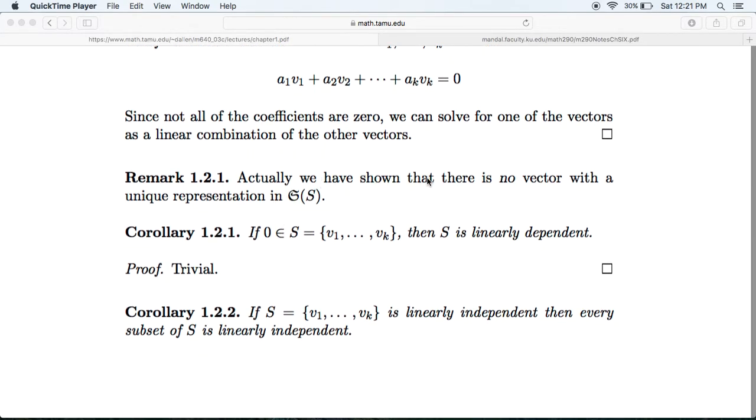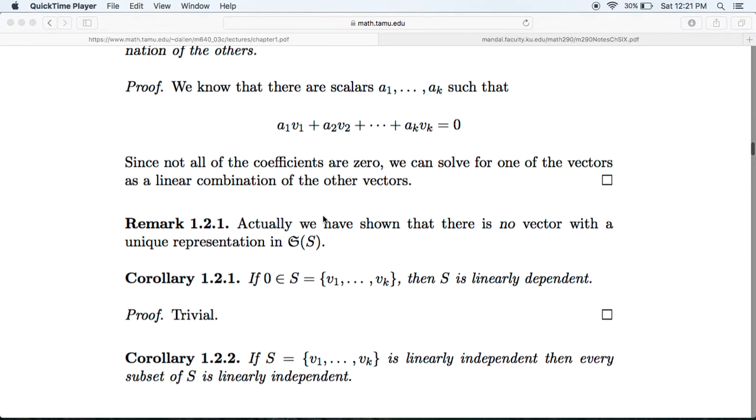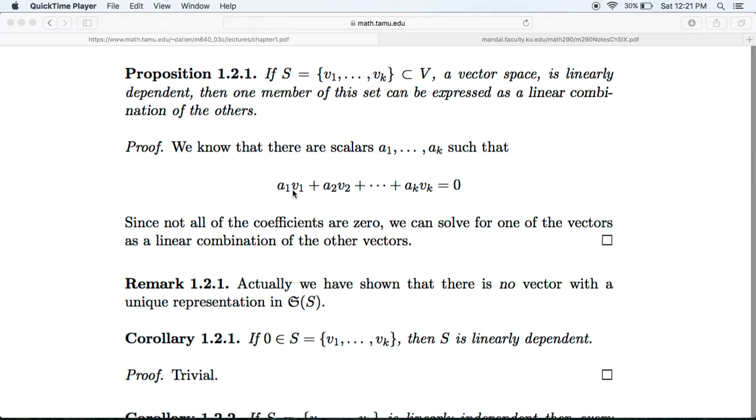So actually we have shown that there is no vector with a unique representation in S. So with the help of this proposition, we can see that v1 can be written as a linear combination of v2 till vk, and it could have been done in other ways too because of linear dependence.